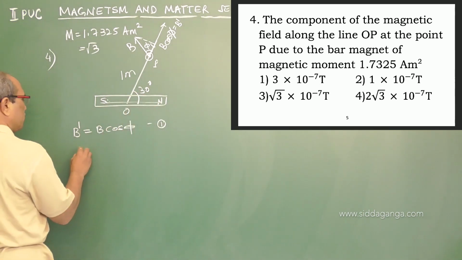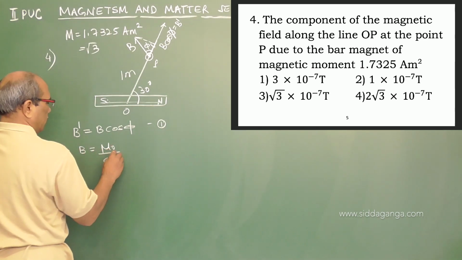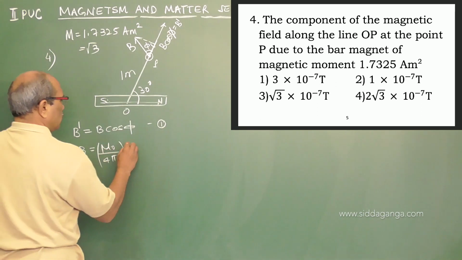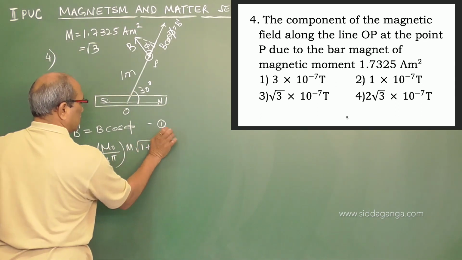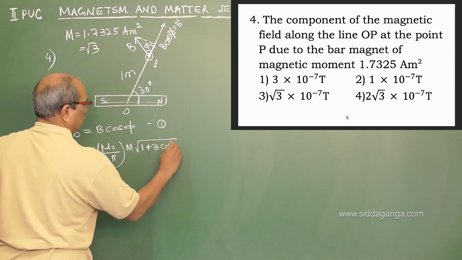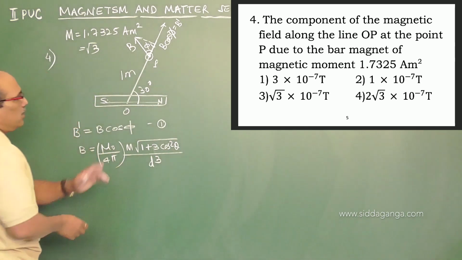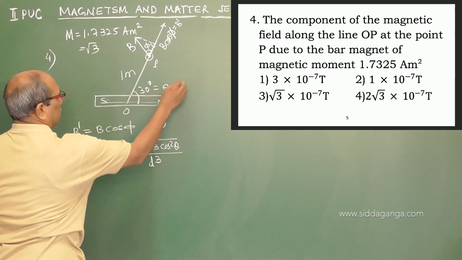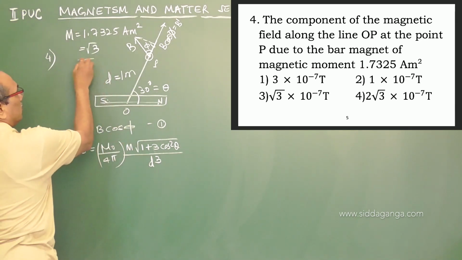But we know what B is, the general equation: mu naught upon 4 pi into m into root of 1 plus 3 cos square theta upon d cube. Theta is given to us, d is given to us, m is given.